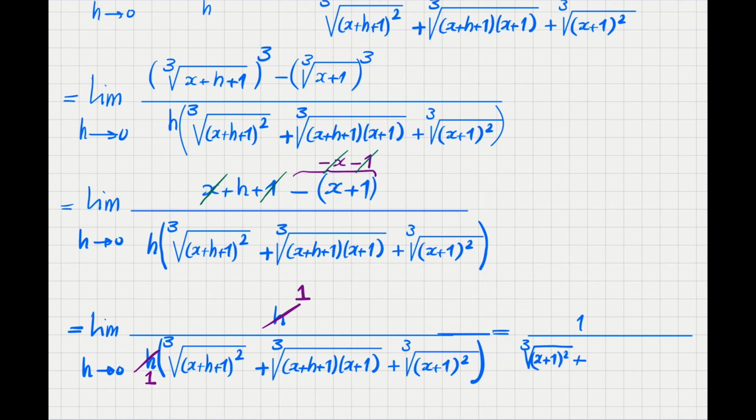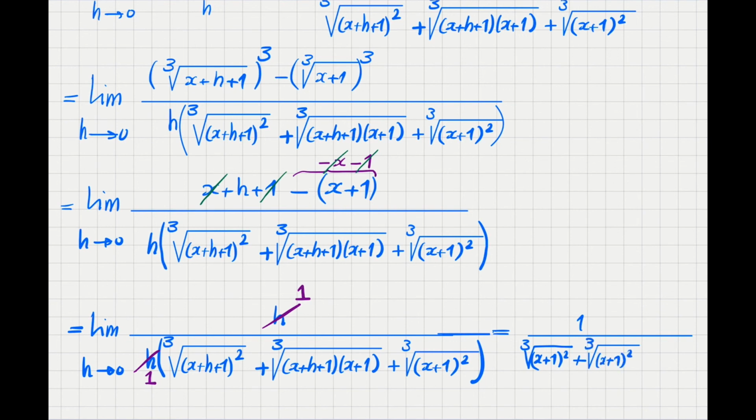Plus, if I put h equal to 0 here, it becomes x plus 1. There is another x plus 1 here. If I multiply these two x plus 1s, it becomes x plus 1 to the 2, and I have a third root. So this becomes the third root of x plus 1 to the 2.